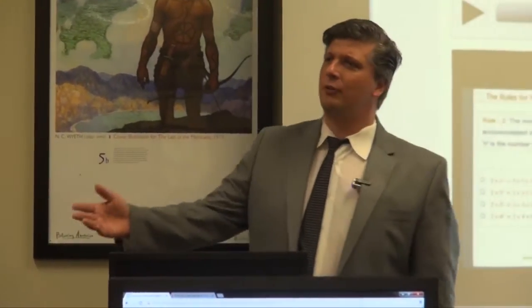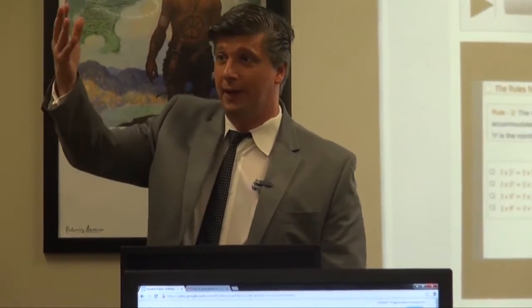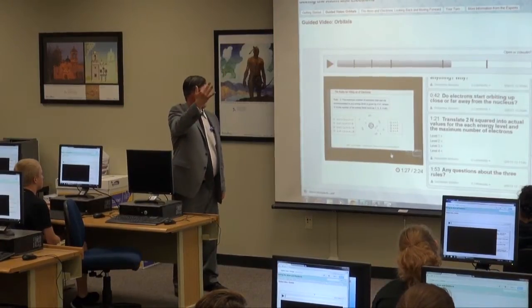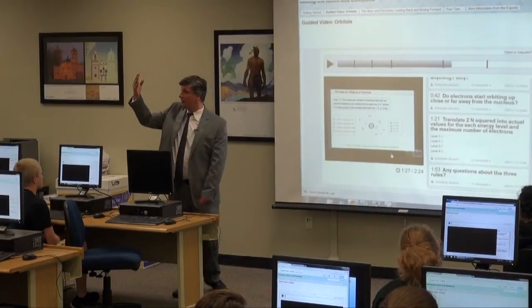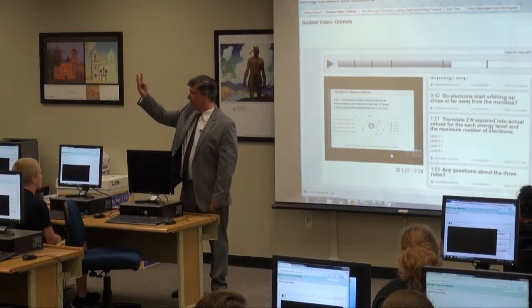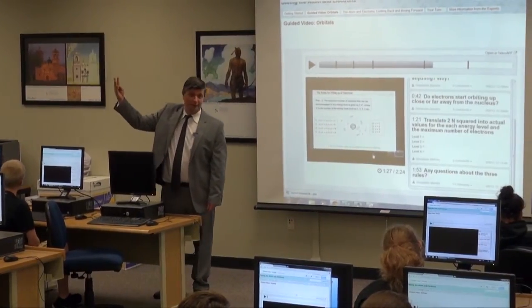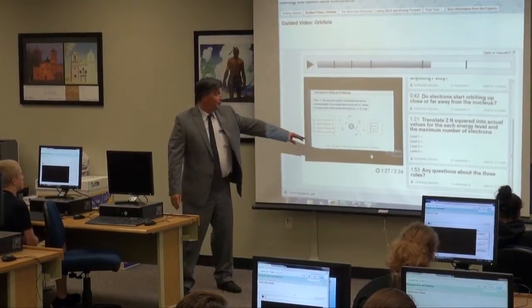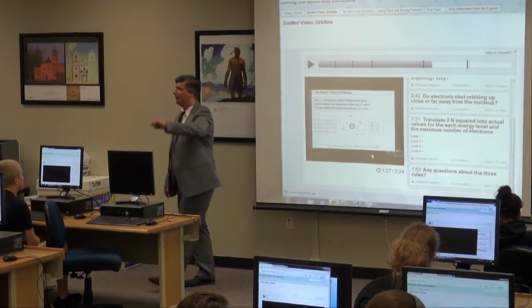So 2n squared, I got 4 levels. And they're coincidentally and easily named 1, 2, 3, and 4. Okay, so how many layers, how many orbitals? 4. What are they called? 1, 2, 3, and 4. They also have letter names. We'll get to that in a minute. But for now, we're going to call them 1, 2, 3, and 4.